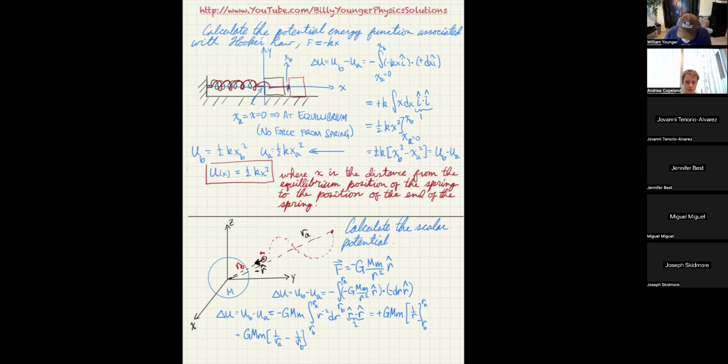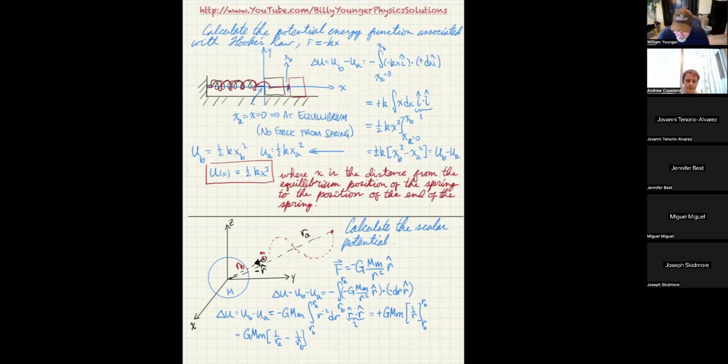Now, what I'm going to do is let UA be the potential where I think the actual potential energy would be 0. Now, the place where the potential energy is 0 is when the force is either 0 or so close to 0 that you can't measure it.